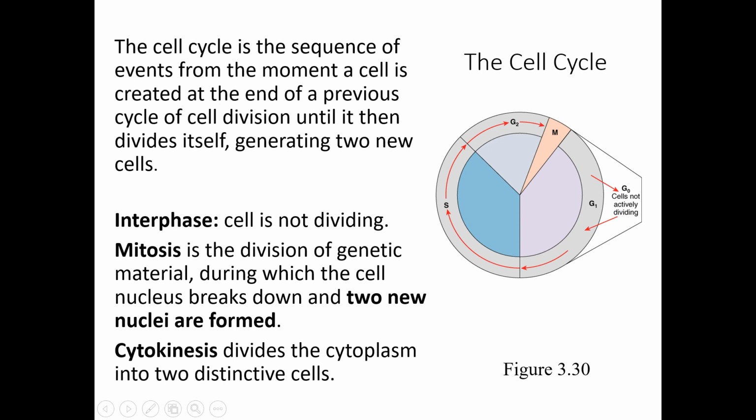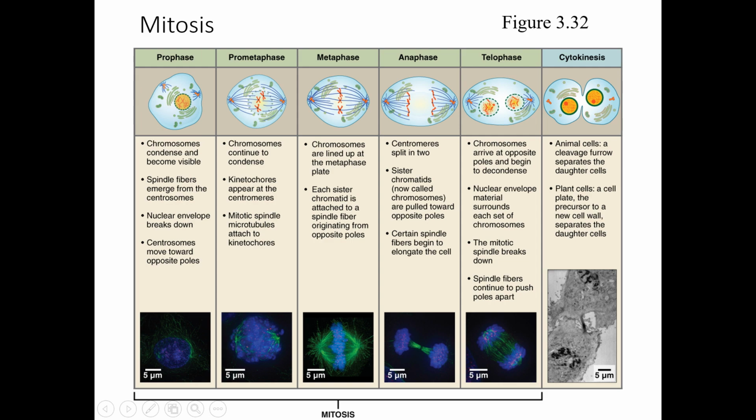Mitosis actually is a division of genetic material, DNA, inside of the cell, and formation of two new nuclei. And when the cytoplasm with all the organelles divides, that is called cytokinesis. That is a process of mitosis in all the details.